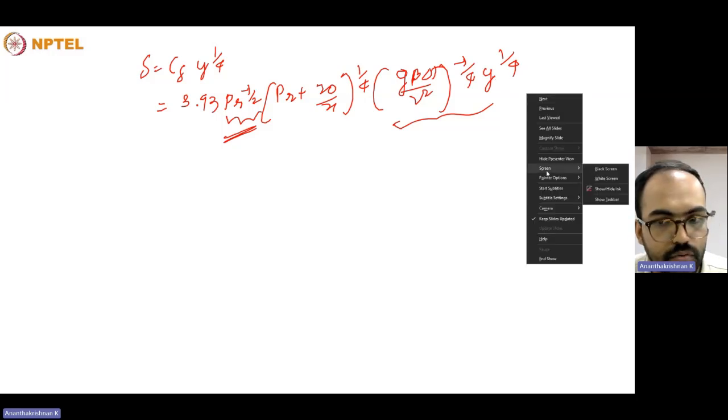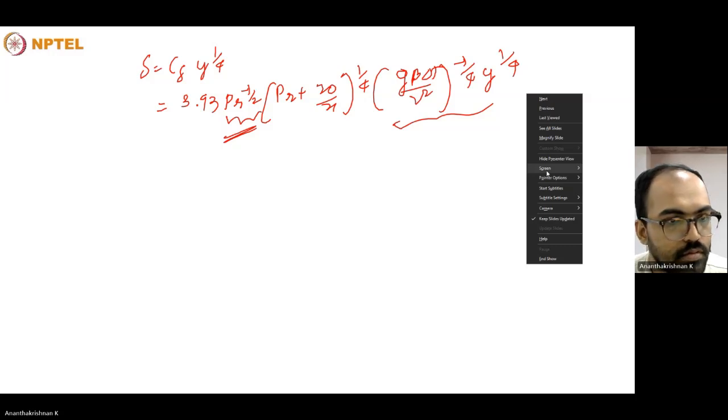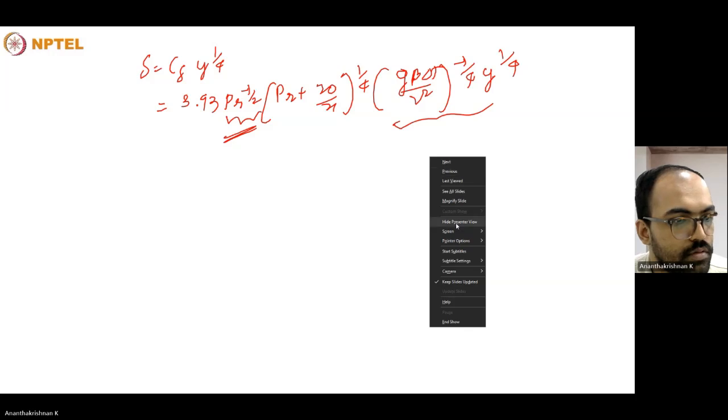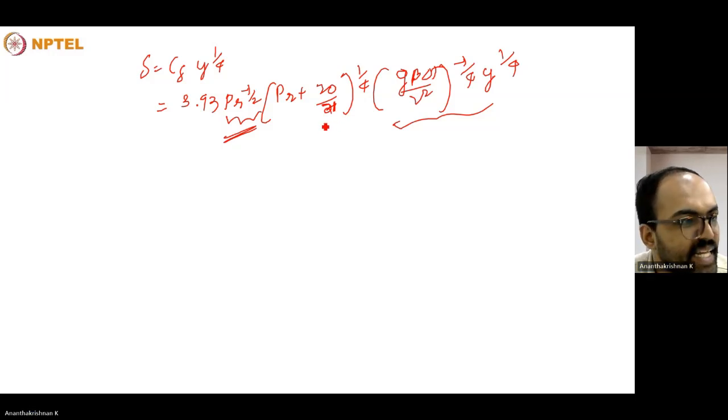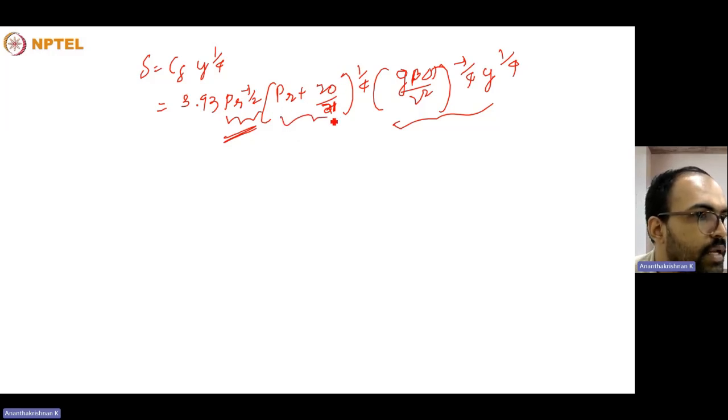So I'll try to do that once. It's just for convenience purpose. So it will be 20 by 21. We take Prandtl number out of it. It will become Prandtl number raised to 1 by 4 into Prandtl number raised to minus 1 by 2. So it will become Prandtl number raised to minus 1 by 4.